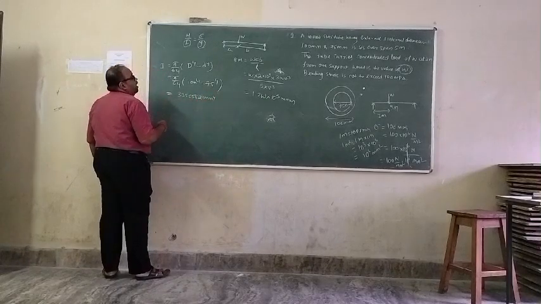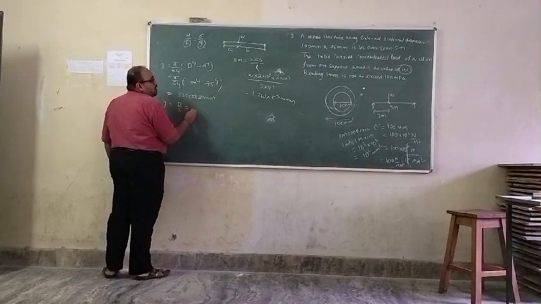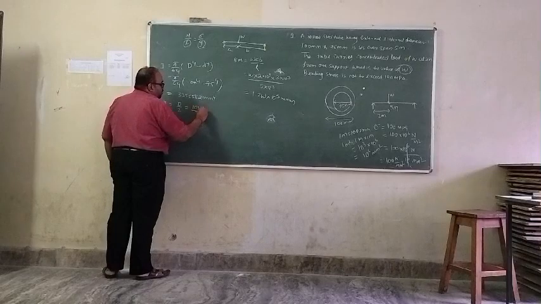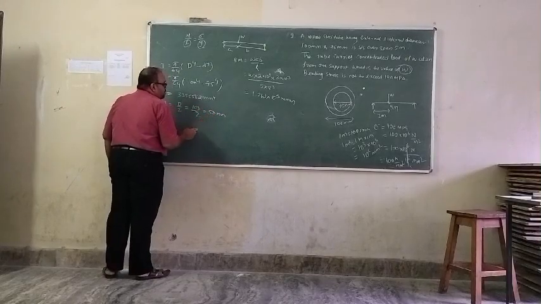Okay, and Y we know D divided by 2, so D is 100 divided by 2 is 50 mm. Okay, this is 50 mm.